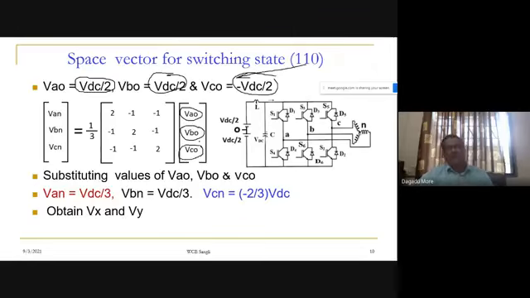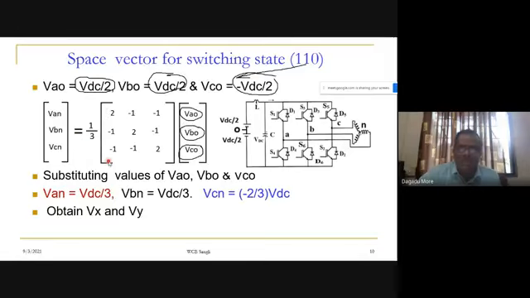Now what is our job? We compute VAN, VBN, VCN. Just use this matrix. VAO is plus VDC by 2, VBO is again plus VDC by 2, VCO is minus VDC by 2, multiplied by 1 by 3 of the matrix 2 minus 1 minus 1, minus 1 2 minus 1, minus 1 minus 1 2.